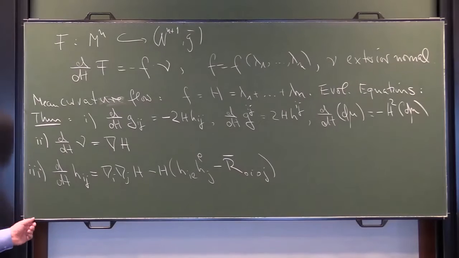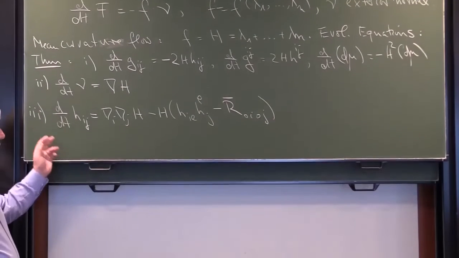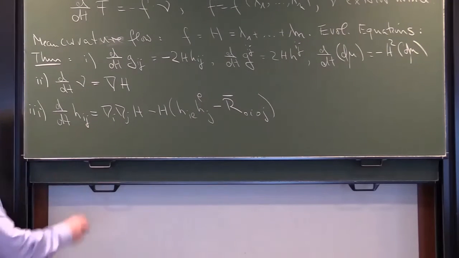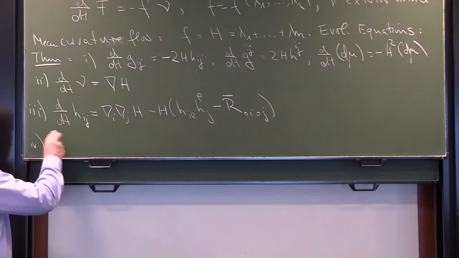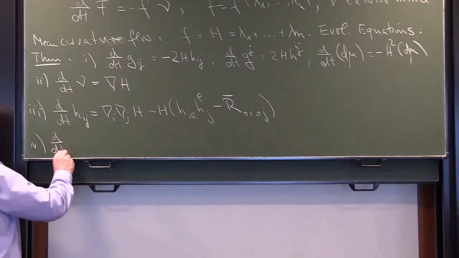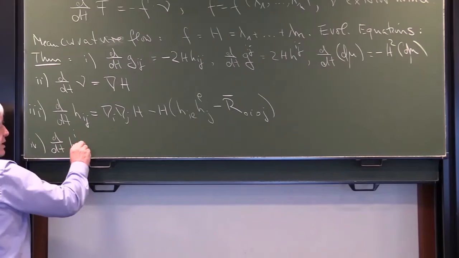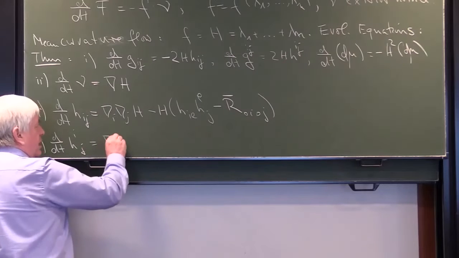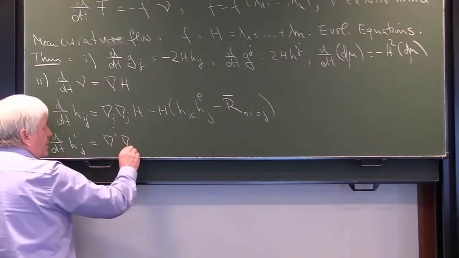And this is often more useful if you write this in terms of the Weingarten map. So let me add this. If you raise one index, you get d/dt of the Weingarten map is gradient i, gradient j h.